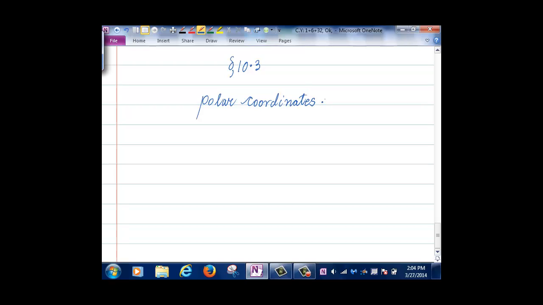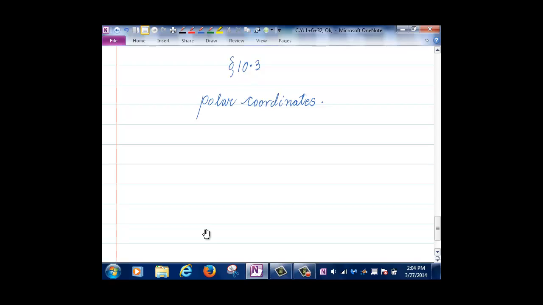So the warning is also that polar coordinates, if you go to Calc 3, you'll be expected to understand them, okay? They will use polar coordinates to evaluate double integration, triple integration, and so on.